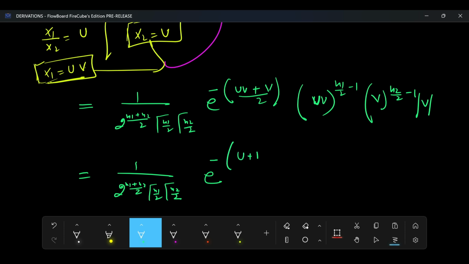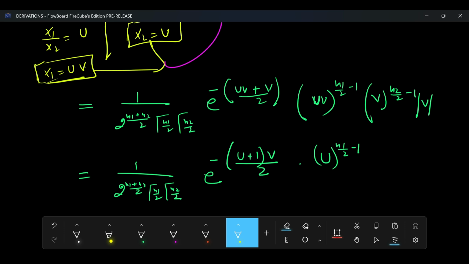So what remains here? u plus 1, since we took v common, v divided by 2, into u^(n1/2 - 1), v^(n1/2 - 1), v^(n2/2 - 1). Here we will directly write this first. This is v^(n1/2 - 1) and this is v^(n2/2 - 1) into v, because this is v, mod of positive v is v.